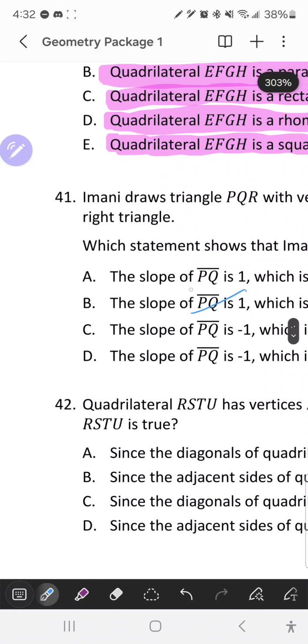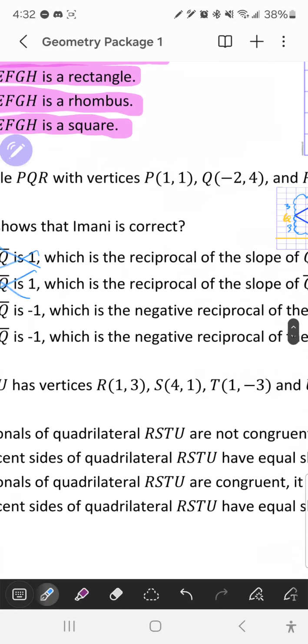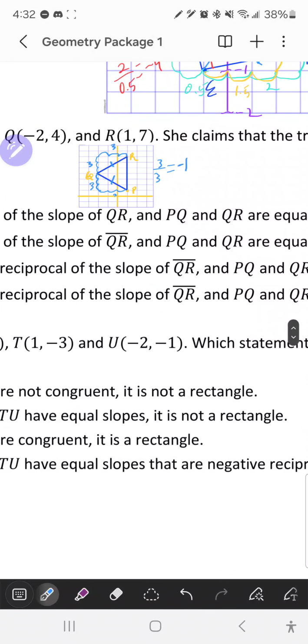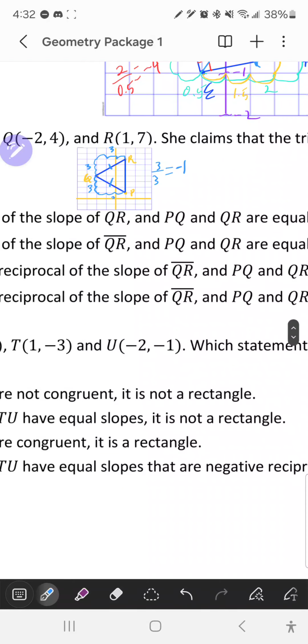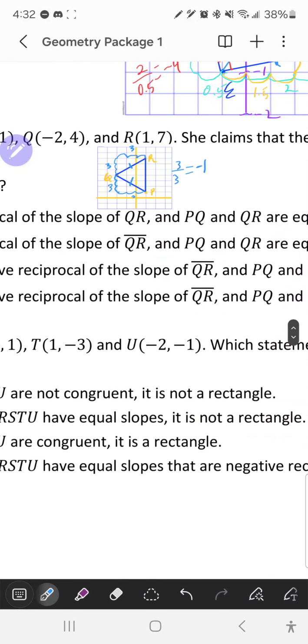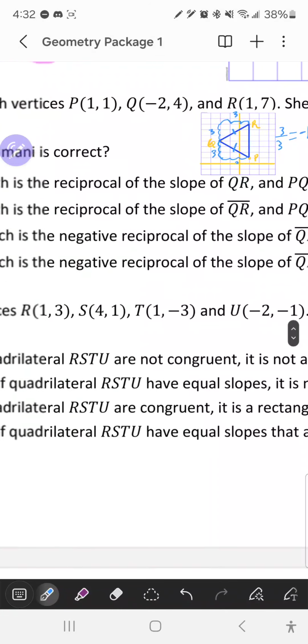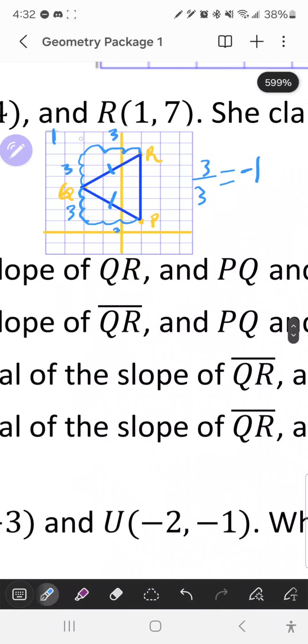So neither A nor B is right, and we can continue with C and D, which is the negative reciprocal of the slope of QR. We can say that the slope of QR is 1, which is going to be 3 over 3, and it's going in the positive direction.